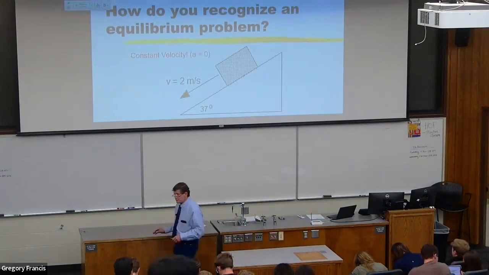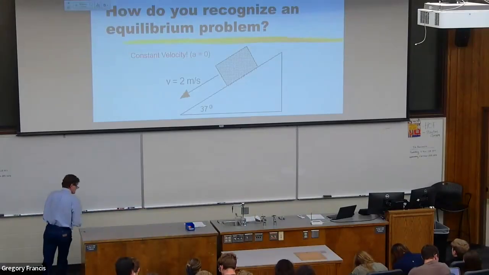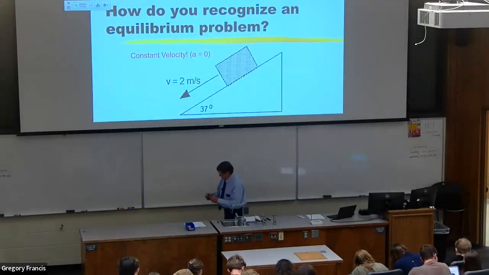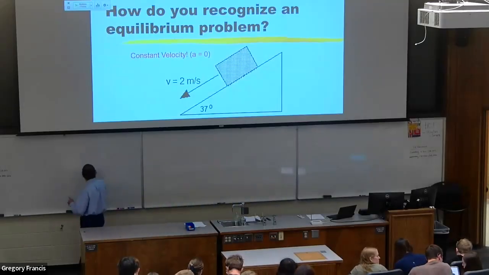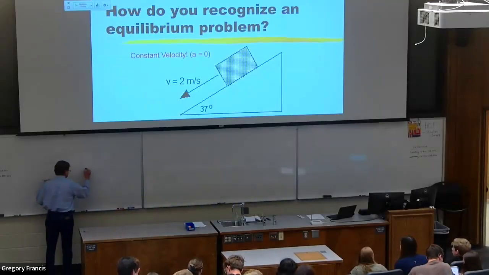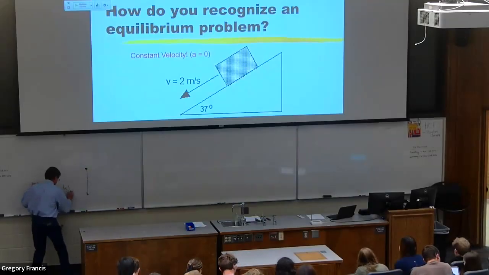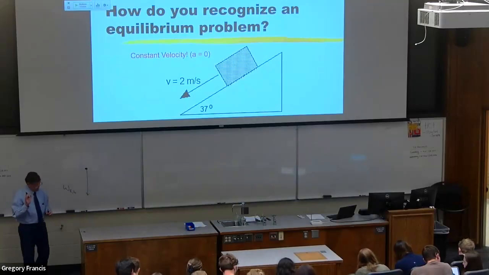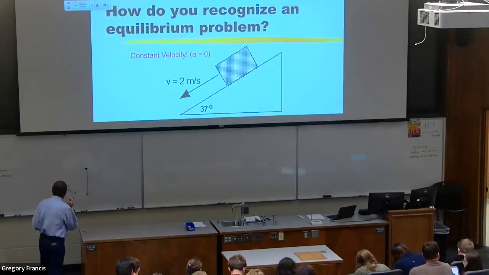How do we start a dynamics problem? What's the first step? Free body diagram, of course. The first force we put on any free body diagram is the weight force, Earth on the block. Then I ask, are there any magnets? No, but we'll get plenty of those on Thursday.